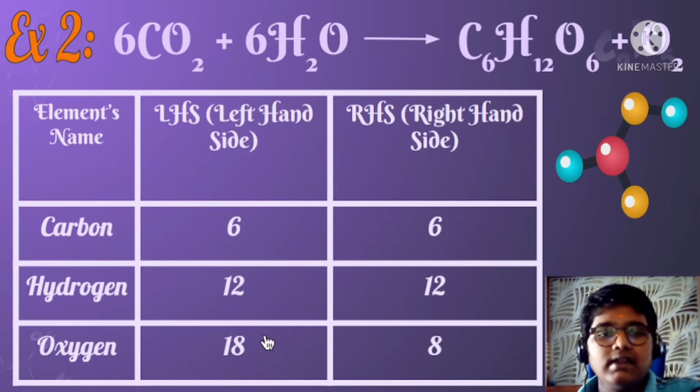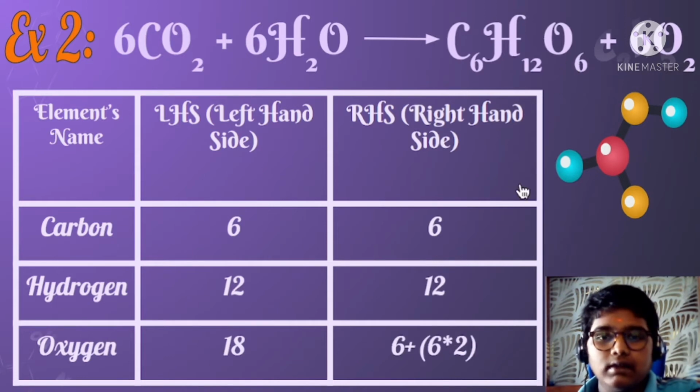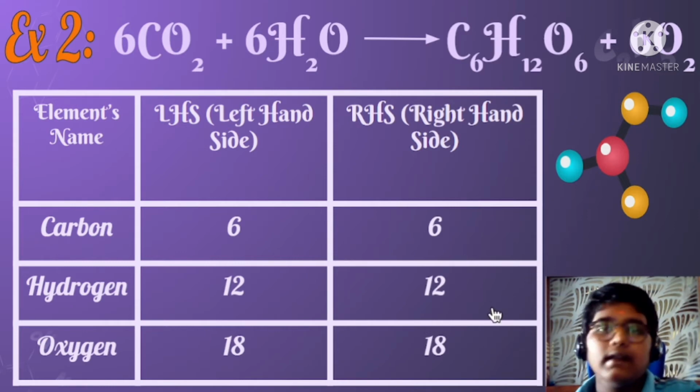In the RHS we have only 8 oxygen. So we add a coefficient of 6 on the RHS at the oxygen element, so that we get 12 plus 6. So it becomes 6 oxygen plus 6 into 2 oxygen, thus making it 18.